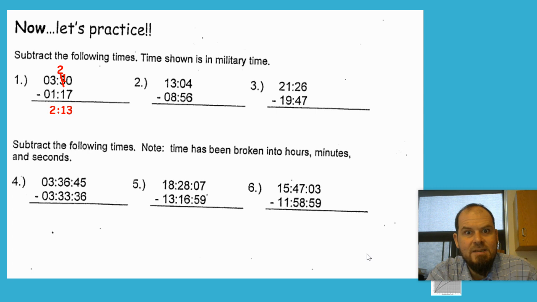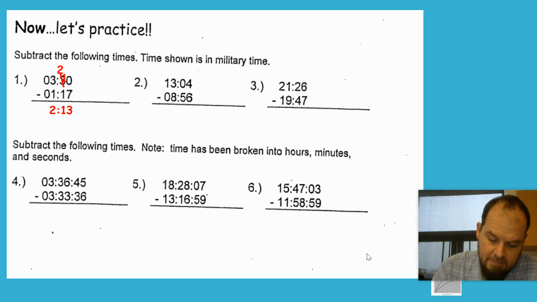When I borrow from the 6, the 4 will go up to 14. So now I got 14 minus 6 is 8. 5 minus 5 is 0. 12 minus 8 is 4. So it should be 408. Okay? 408.